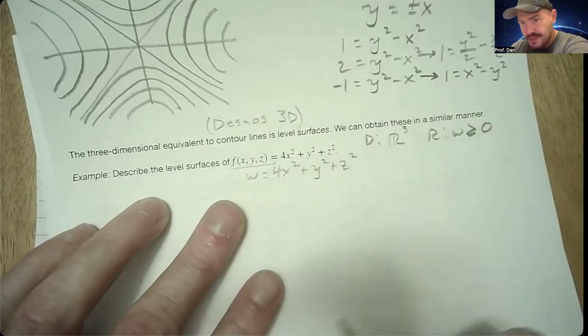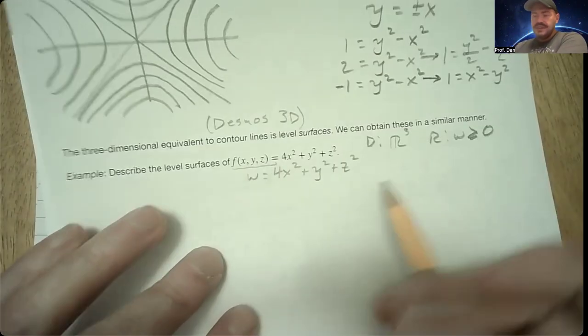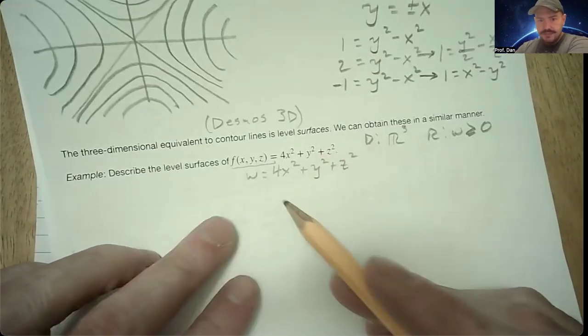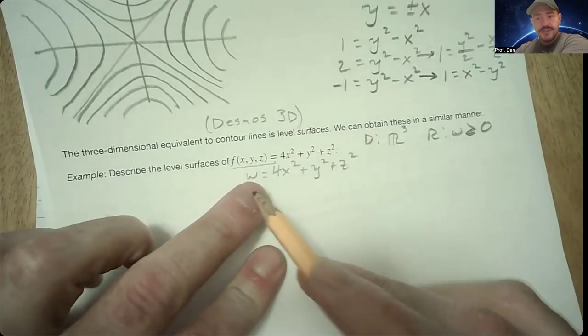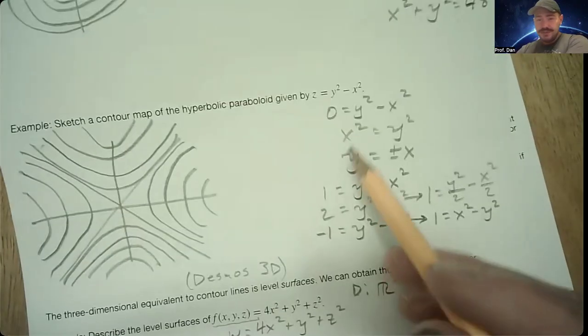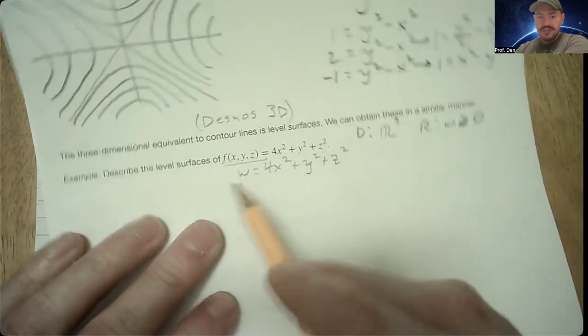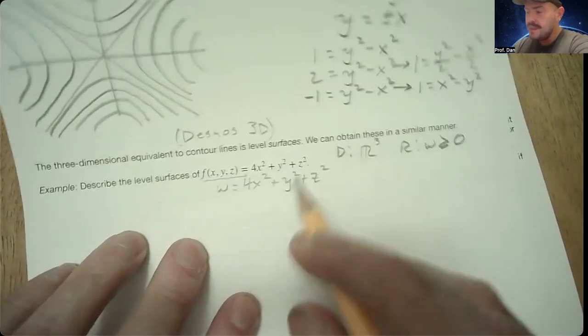With that said, the way that I would get an idea of what the level surfaces look like is by plugging in different values for w. Kind of like how we did with level curves, we plugged in different values for z. Here we'll plug in different values for w.